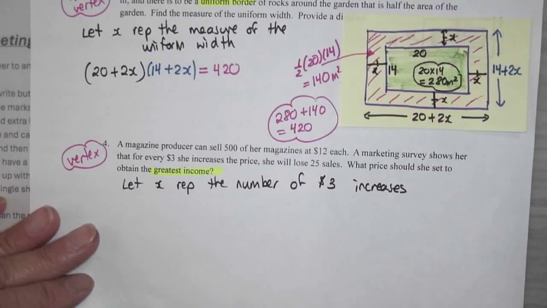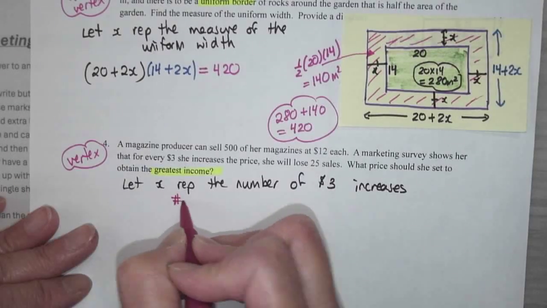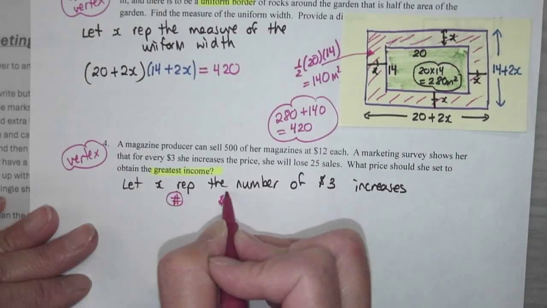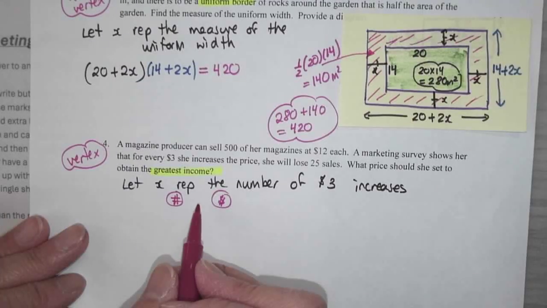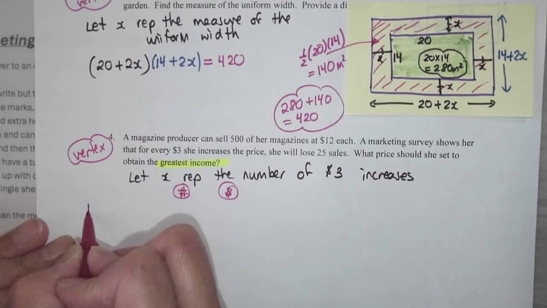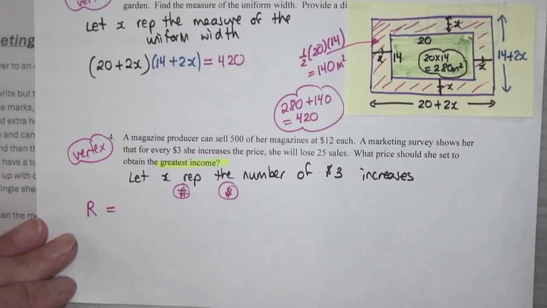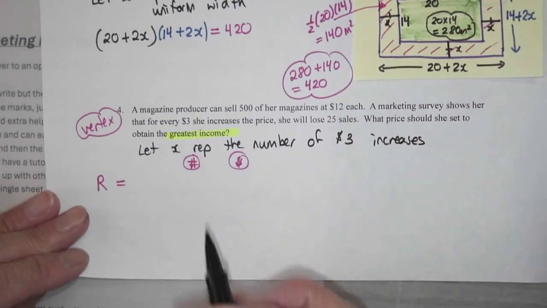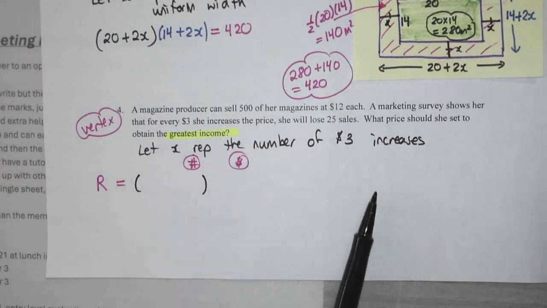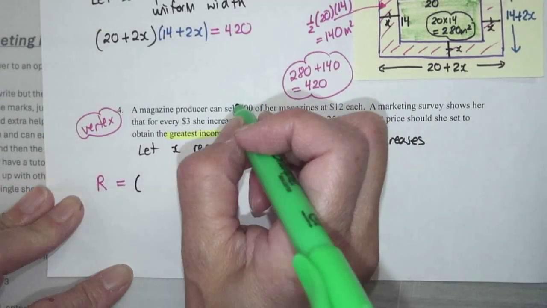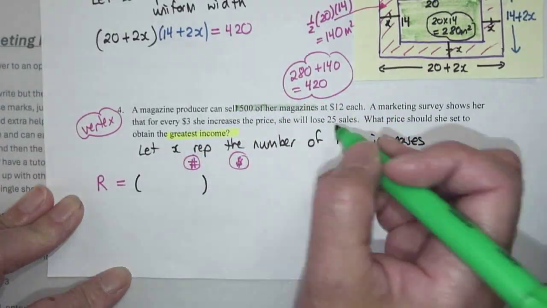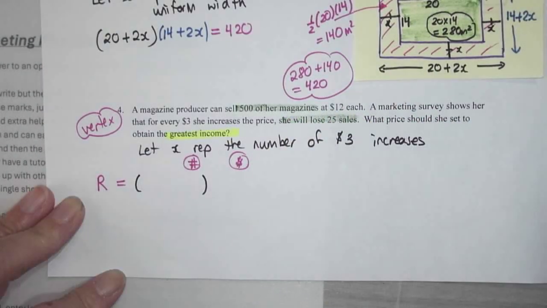Then we said we were going to do the number, so I usually did the number times the amount. You didn't have to show this, but it's the number of magazines I sold times the amount would give me my revenue. So my revenue is how much you earn. So the number, and then yes, right, we highlighted, and we did two different highlighters. So we said 500 of our magazines, yes, I saw a lot of people do this, would lose 25 sales.